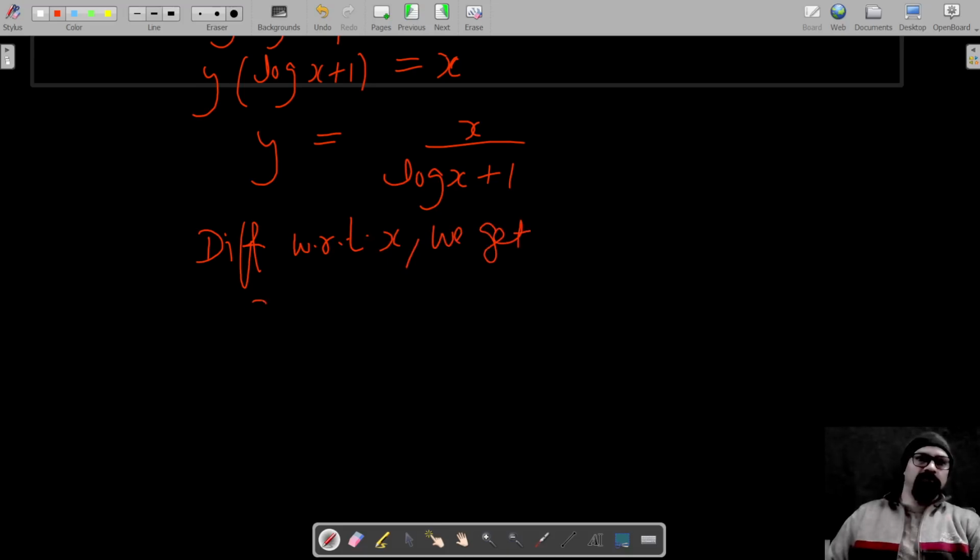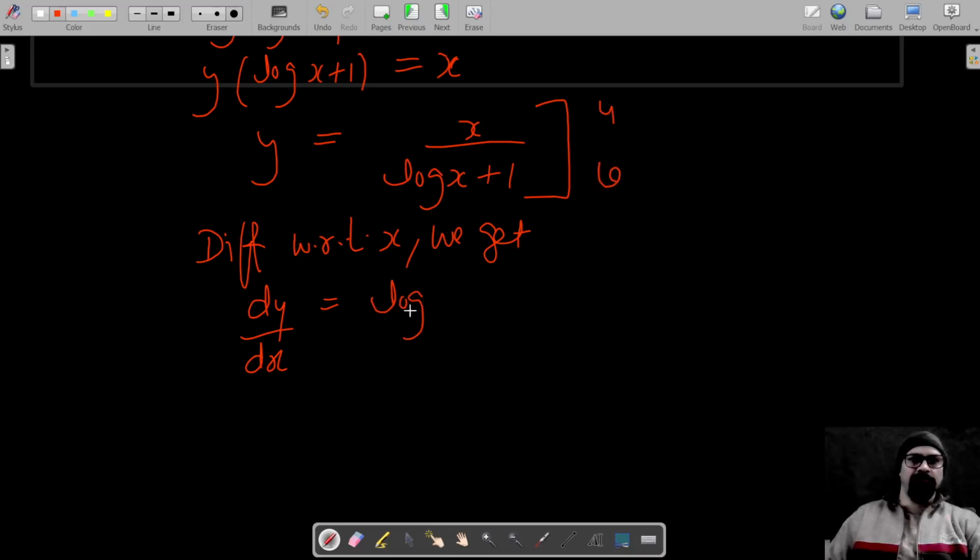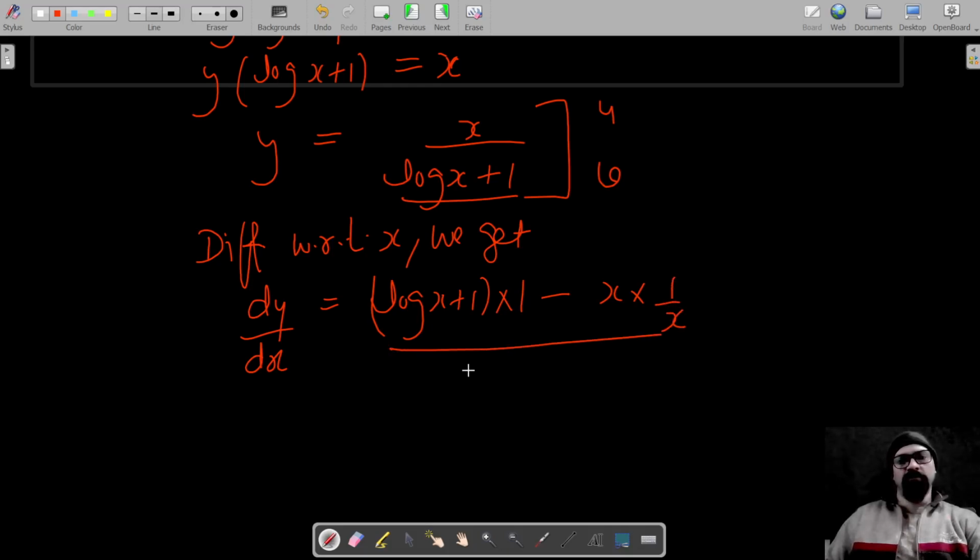We get dy by dx, and this is of the form u by v. So this is v into differentiation of x, 1, minus u into differentiation of log x plus 1, which is 1 by x, upon v square, which is log x plus 1 the whole square.